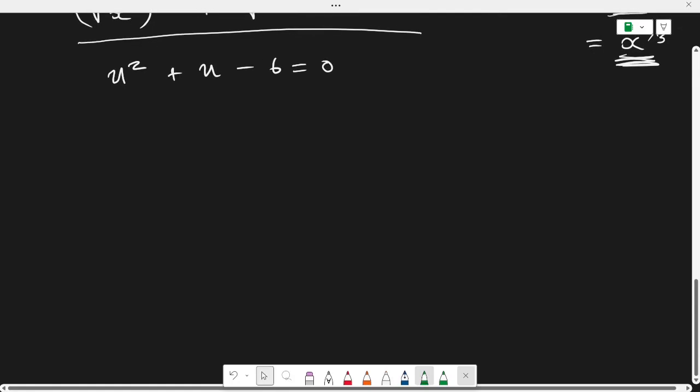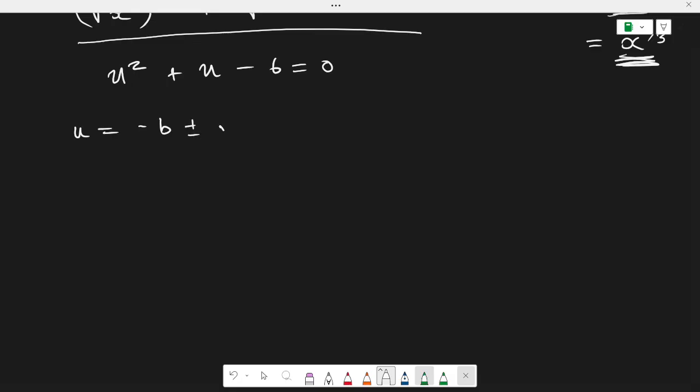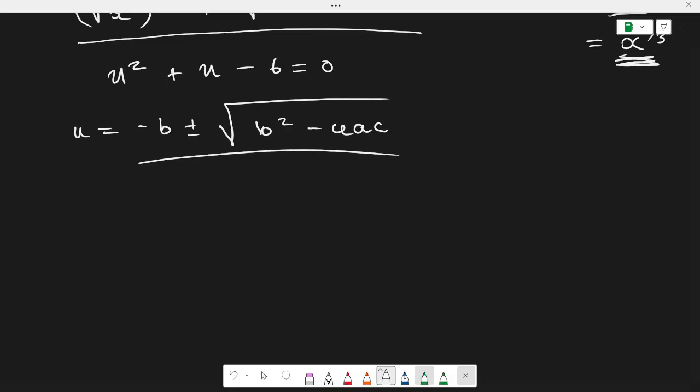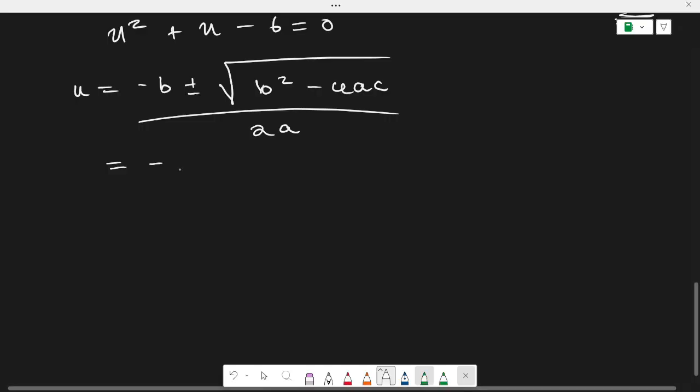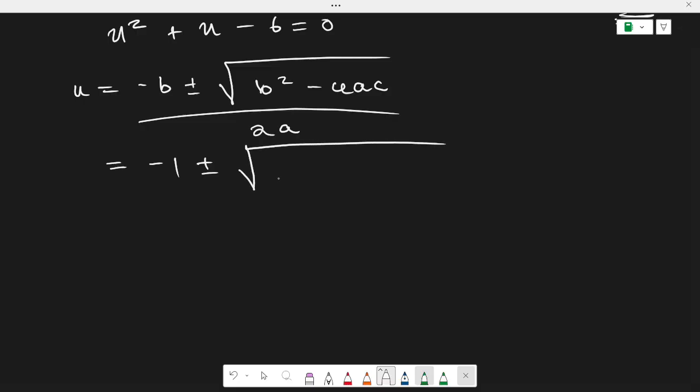Okay, so we know we need to use the quadratic formula, which goes more like u is equal to negative b plus or minus the square root of b squared minus 4ac over 2a. Okay, and replacing, we know that our b is just 1. Inside we have 1 squared minus 4.